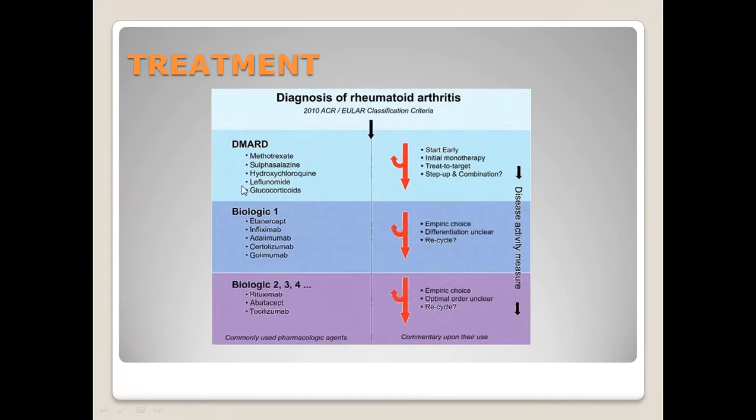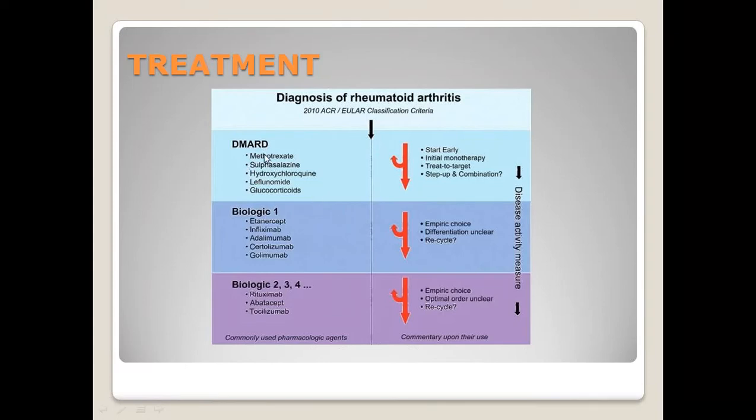So normally we start with glucocorticoids and then we follow it up with hydroxychloroquine and then with methotrexate and then sulfasalazine. So normally the patients are started on glucocorticoids first, and if there is no improvement, then we go on to hydroxychloroquine and then on to methotrexate.